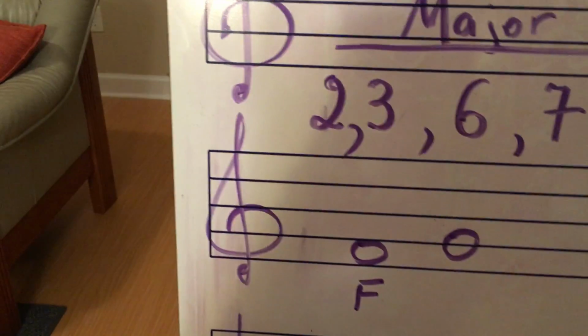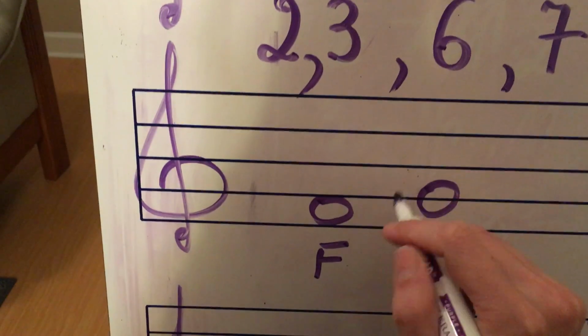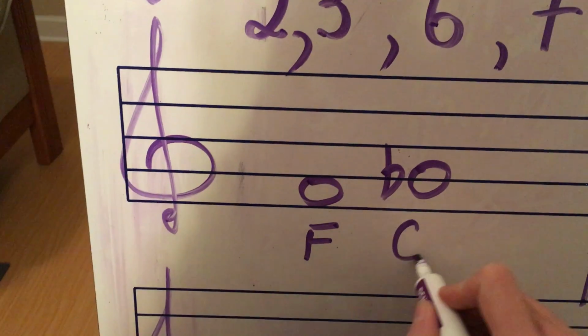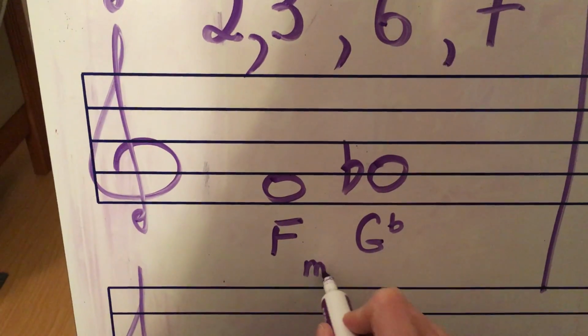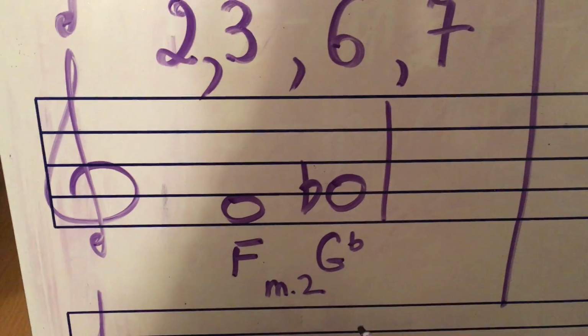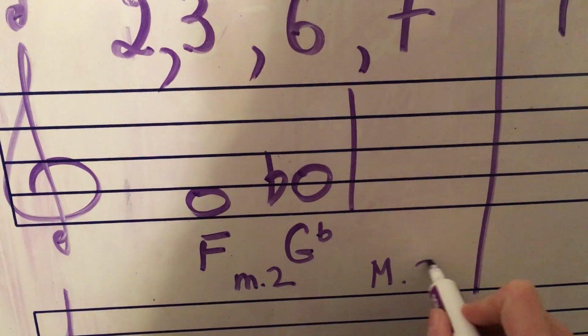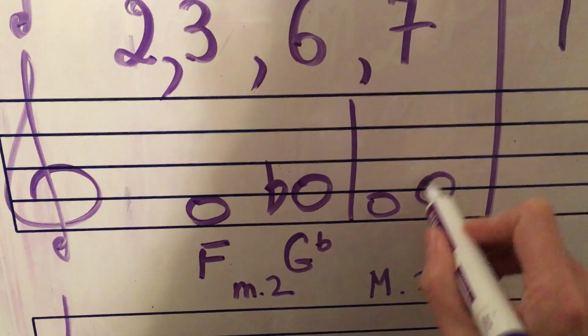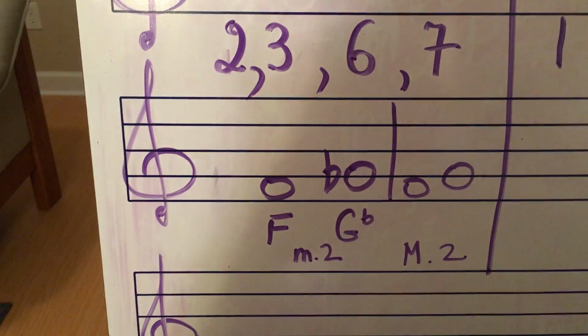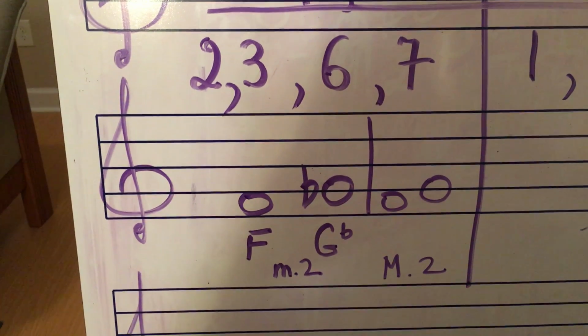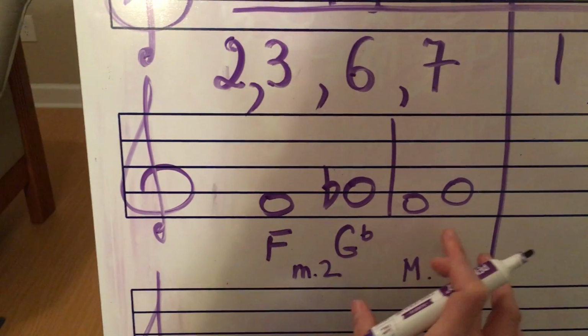And in order to make it a major second, you will just keep it as a natural. So how do you do this? Well, you just mark flat before the G, okay? So that would be minor second. Now in order to make a major second, you'll just have to keep your G as a natural. This is the example of minor versus major.